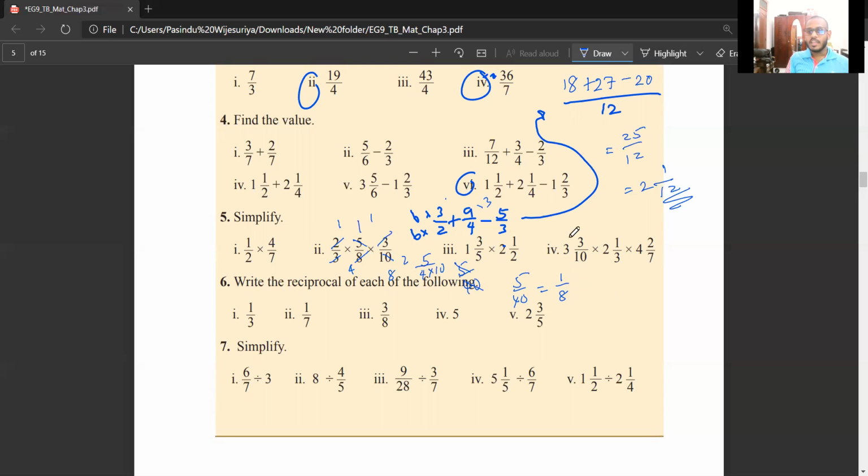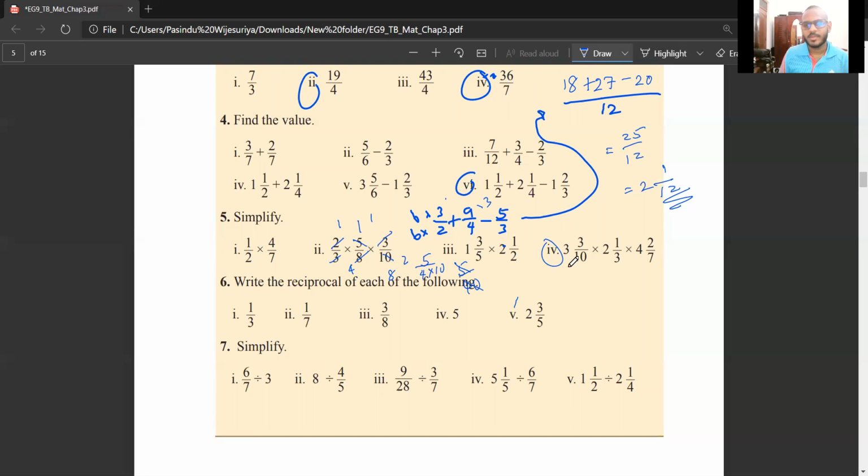So here, okay, I'll do the fourth one. This is a bit tricky, so I will do that. Here again, it's not tricky, it's very simple, but always make sure that you make it an improper fraction.